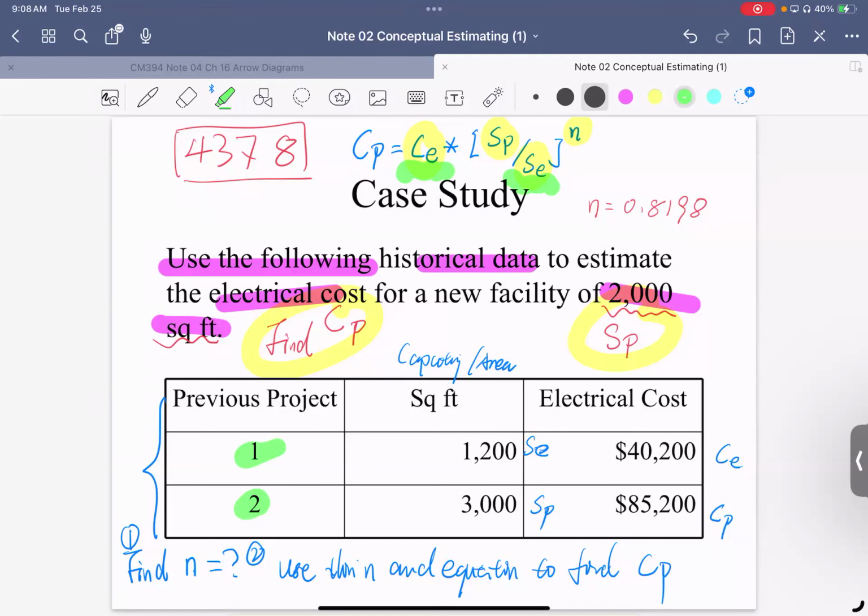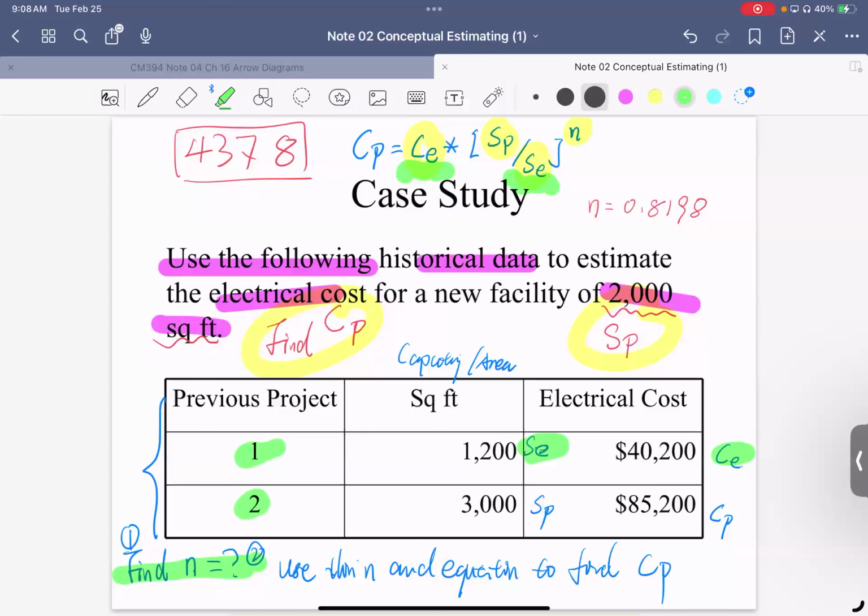So previously when we were trying to find the n, we used this as SE and CE, right? The first one is SE and CE. We used the first project in the table to find the SE and CE. And then we use this one again, because when we calculated the n, we used it as a base.